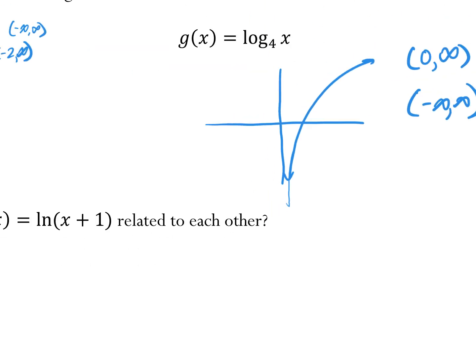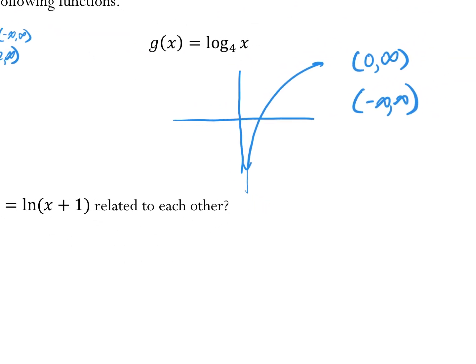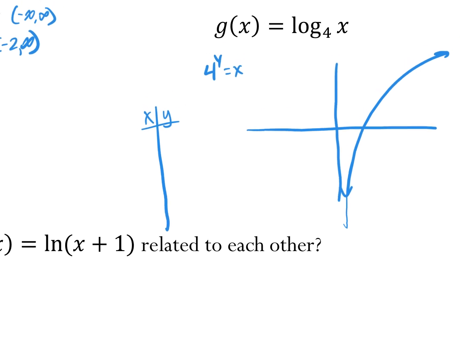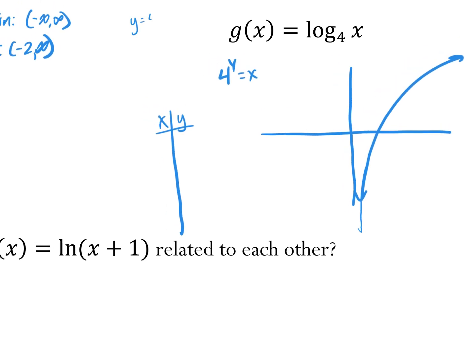Okay, because if we think about this as the equivalent of 4 to the y equals x, we could build that xy table. If I had to graph y equals 4 to the x, we go way, way, way back, right? When you guys first learned about exponentials, you might have said, well, if I plug in -2, I get 1/16.